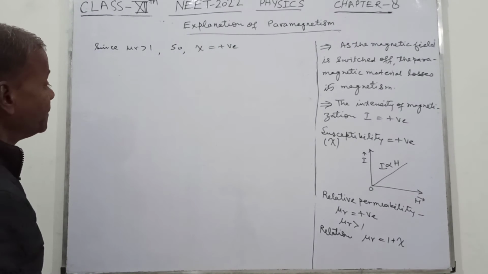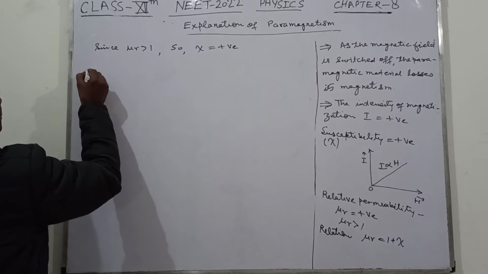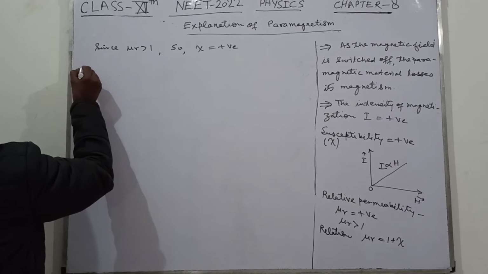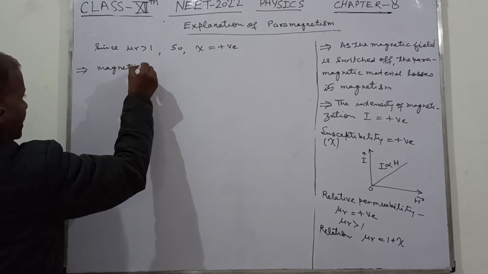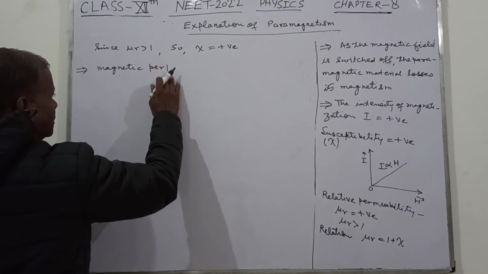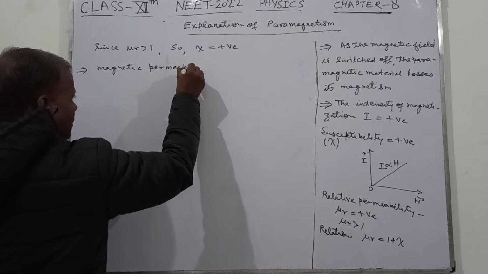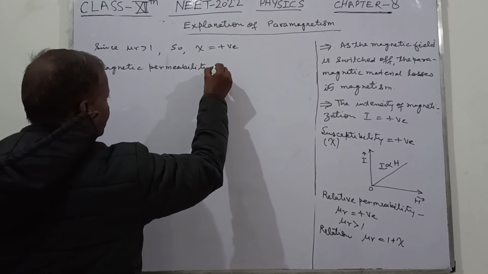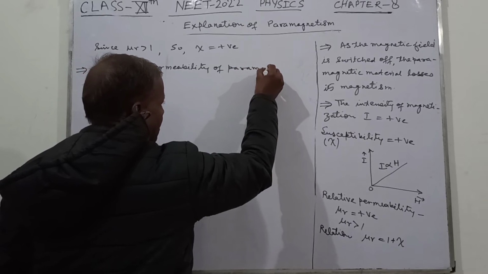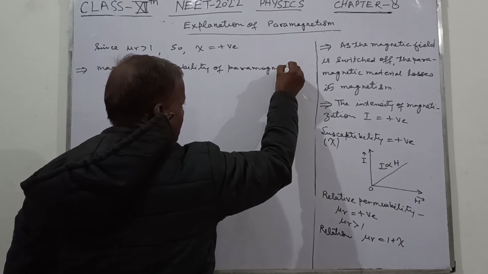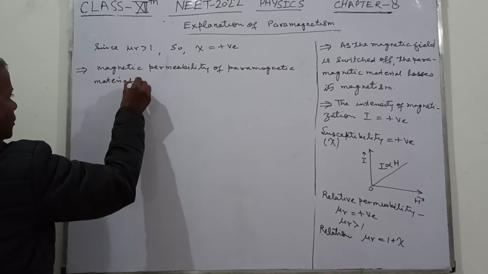Now you can have the magnetic permeability of paramagnetic material.